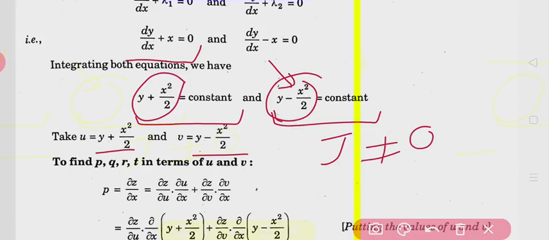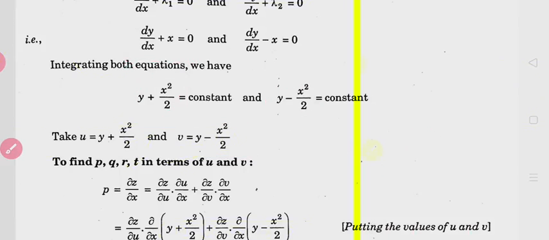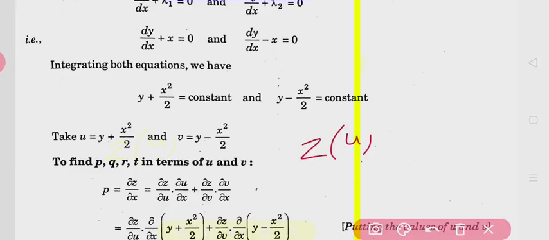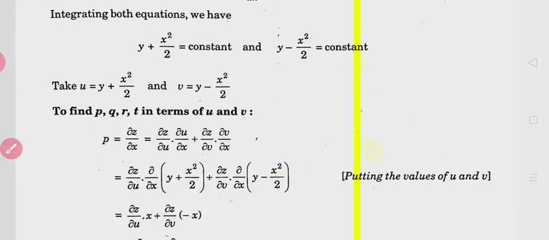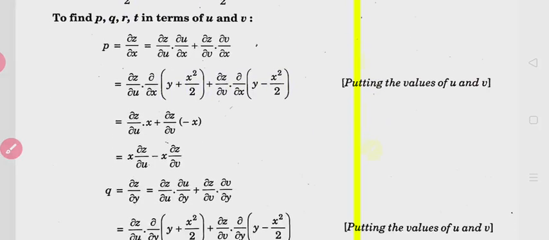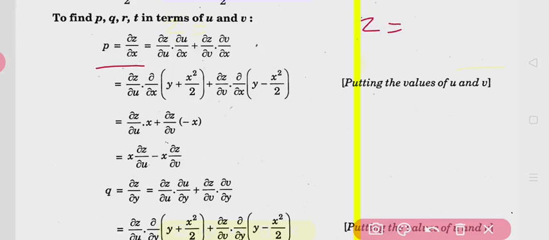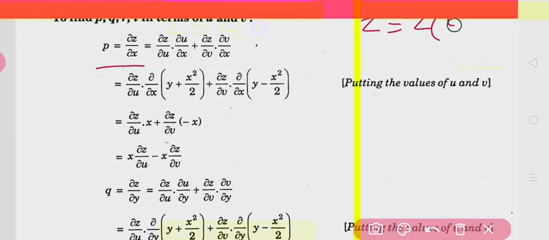Okay, now by using this u and v, that means now z becomes a function of u and v. So by using this you have to find out the values of small p, q, r, s, t. The main thing is to find the value of p. So what is p here? Small p, you know, will be curl z by curl x. But z, you know, is a function of u and v.